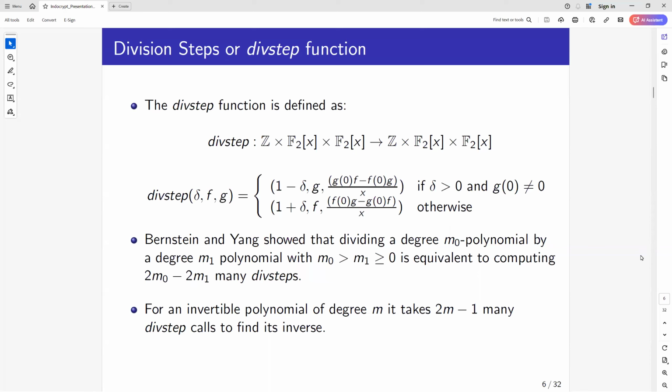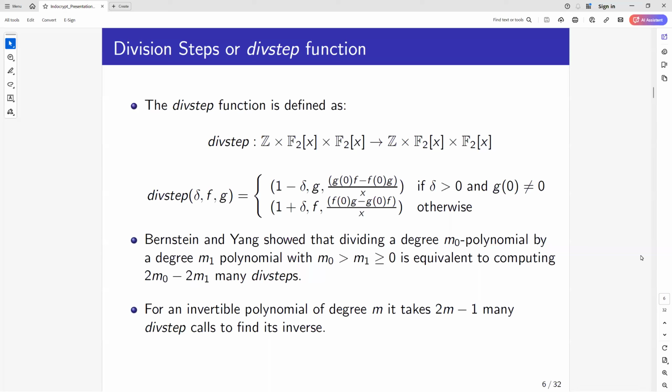So how does this div step help in dividing two polynomials? Whenever we have a degree m0 polynomial divided by a degree m1 polynomial, it takes 2m0 minus 2m1 minus one div step calls to complete the division.